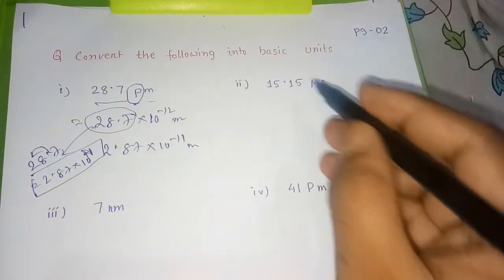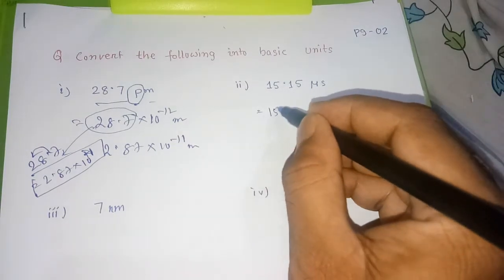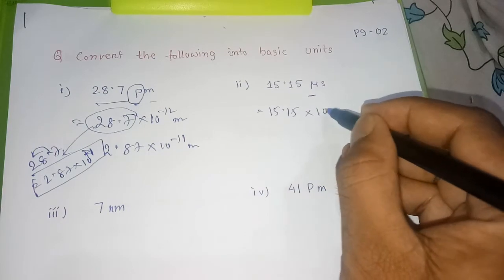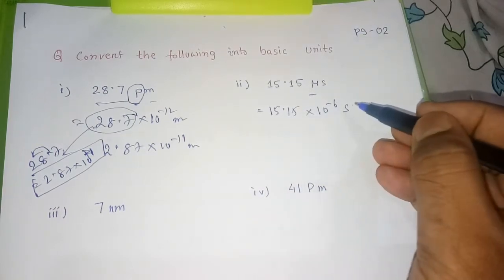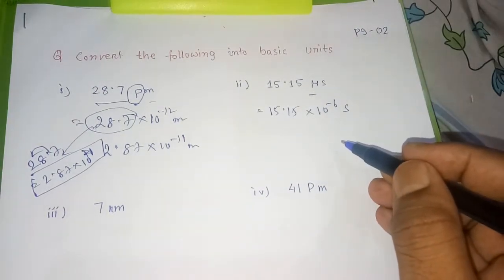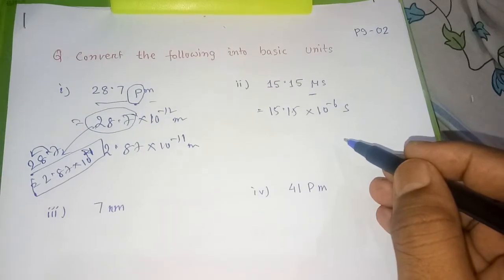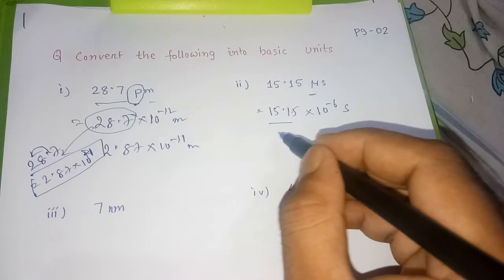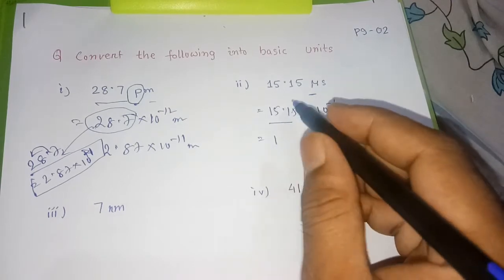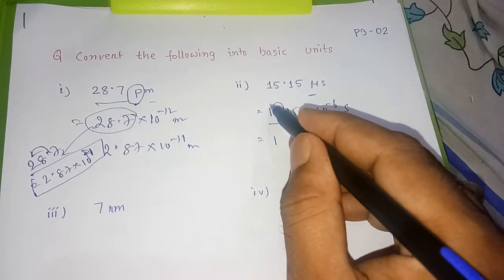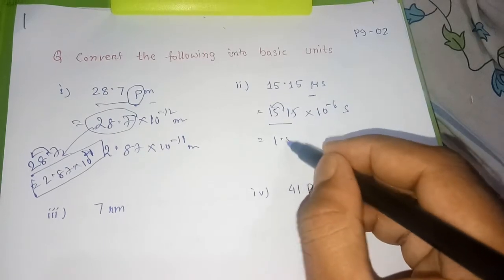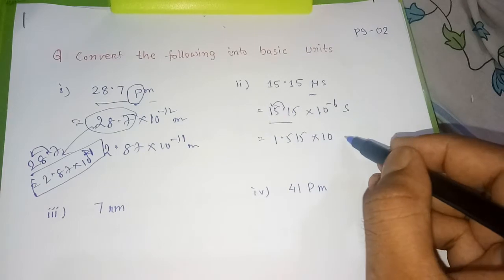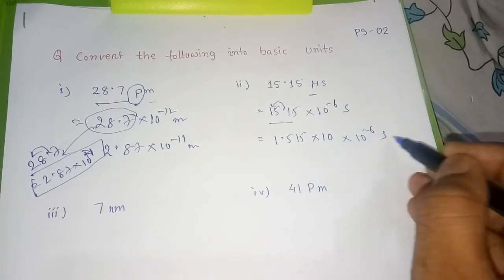So if I have this one, this is 15.15 microsecond. Micro means 10 to the power minus 6 second. So this can be written as, now again student, remember, this one decimal we are moving towards left, so 1.515 into 10 to the power minus 6.